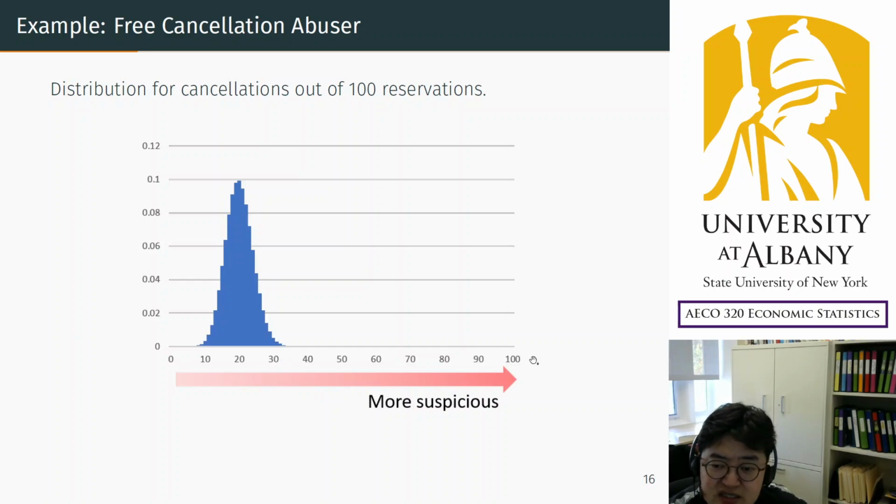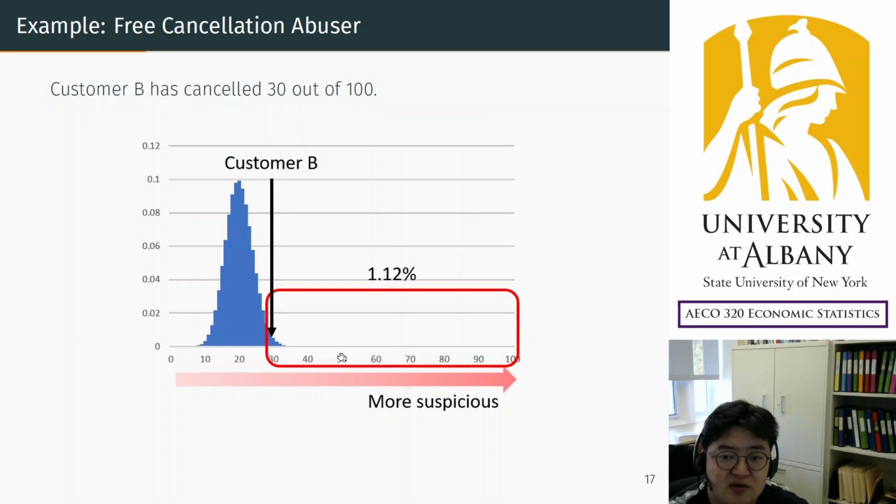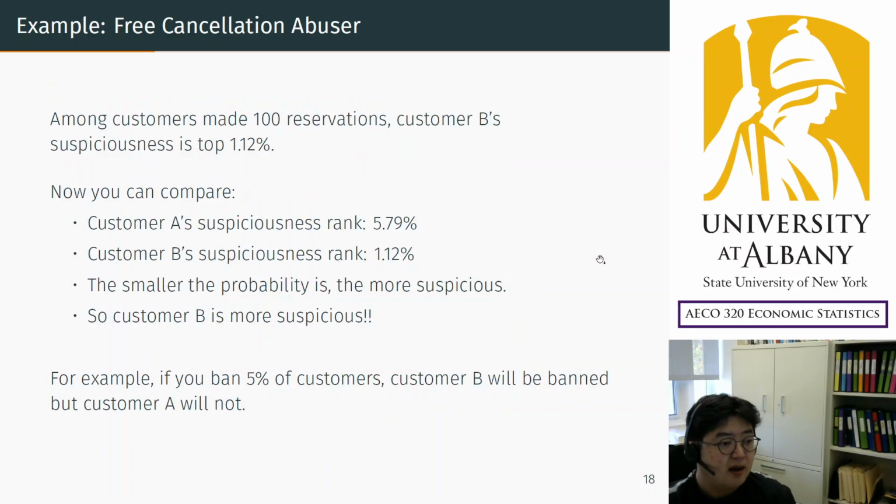So then the ranking is counted from the most suspicious group. So then we are going to calculate the probability that way. Then you get 1.12%. So customer B's ranking is higher.